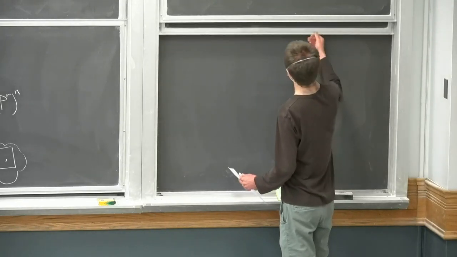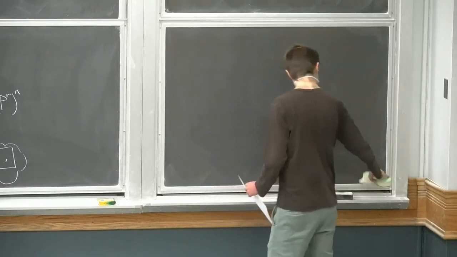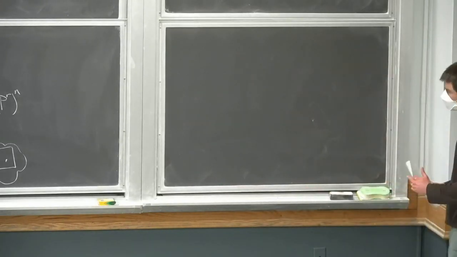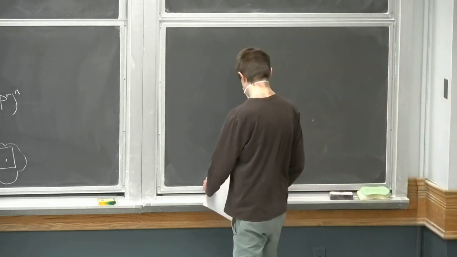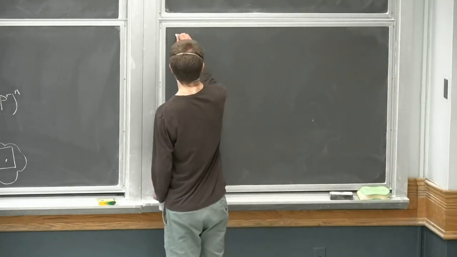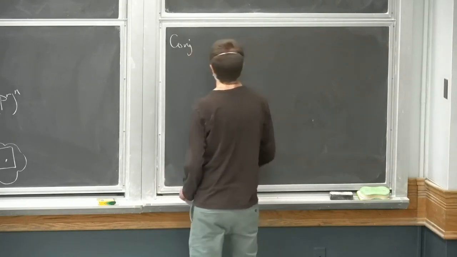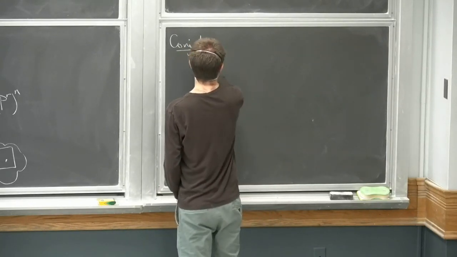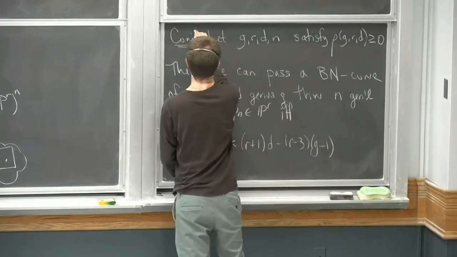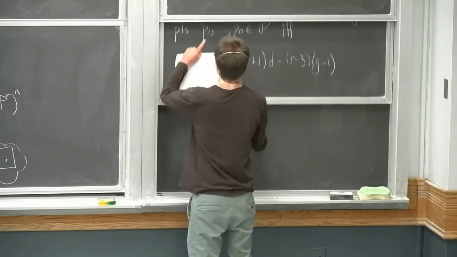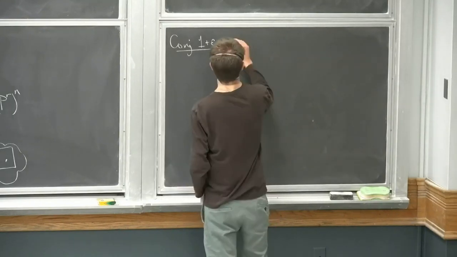And it's maybe worth pointing out a generalization of this that you can work out with a very similar dimension count. We'll call this conjecture 1, and we'll call this conjecture 1 plus epsilon.